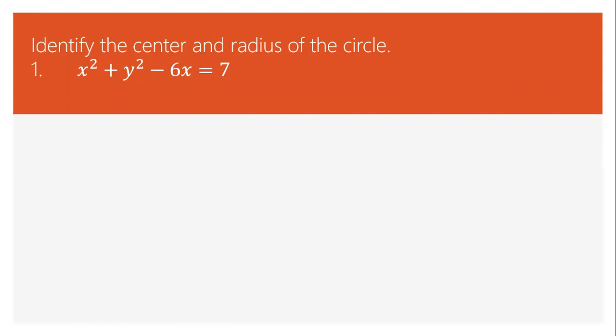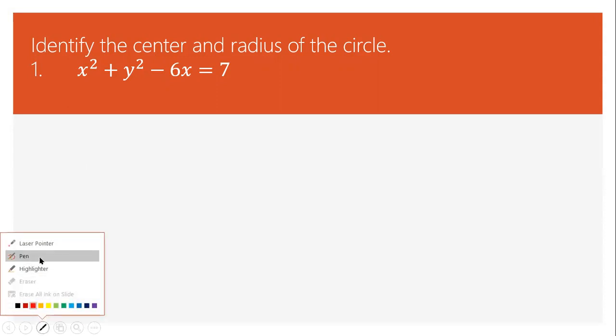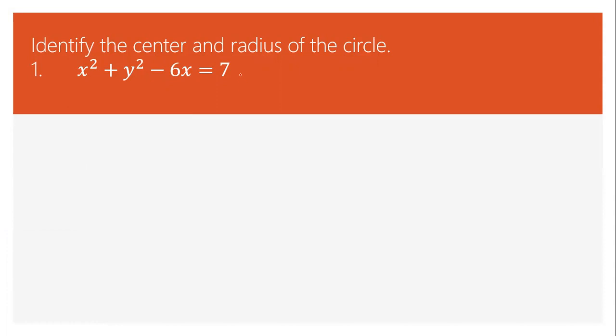Let's identify the center and radius of the circle. The given is the general equation: x squared plus y squared minus 6x equals 7.